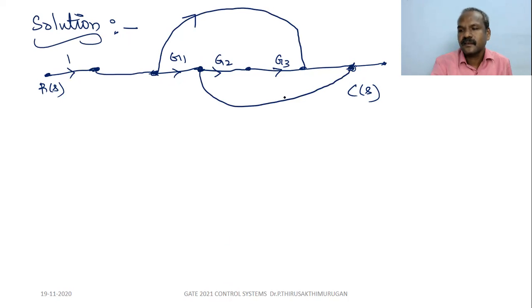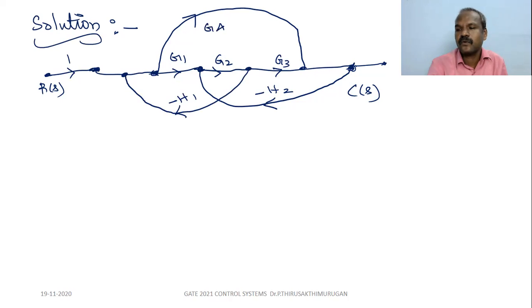Then from this junction, this is one feedback, minus H2, from G2 to this junction. From G2 there is one more feedback, that is minus H1. This is G4.